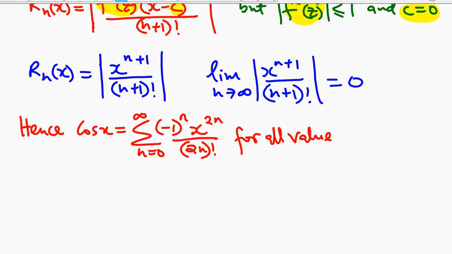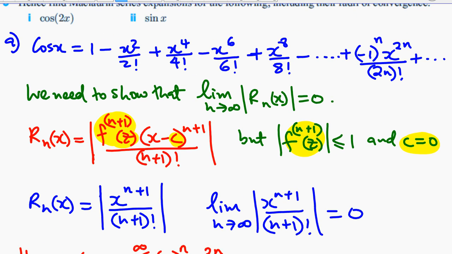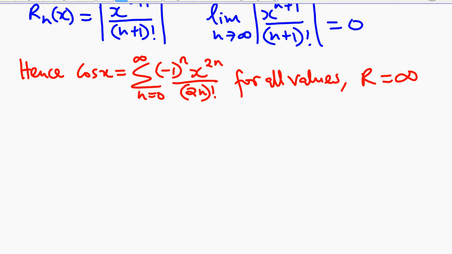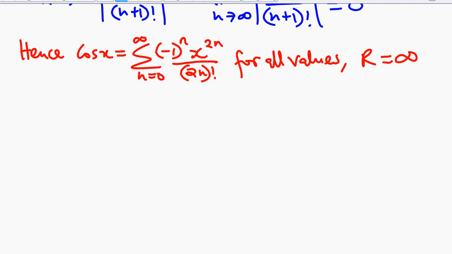Now, if this series converges for all values of x, then the radius of convergence will just be infinite. We discussed that when we looked at power series. Good. I'll move on to B.